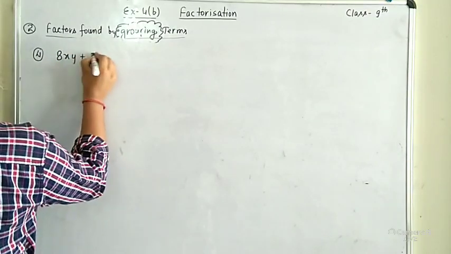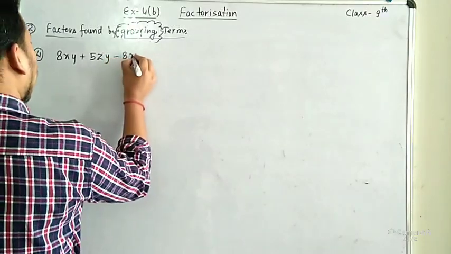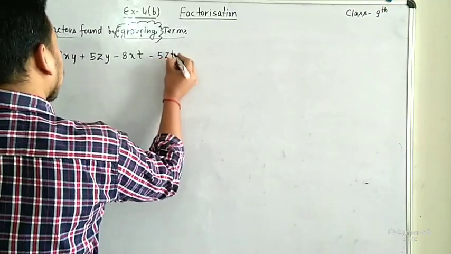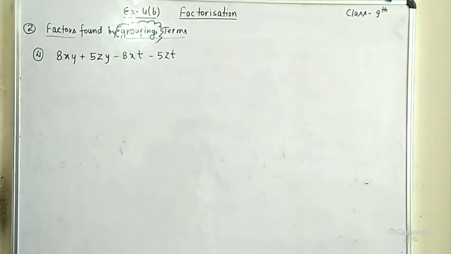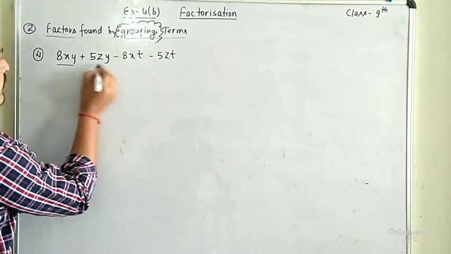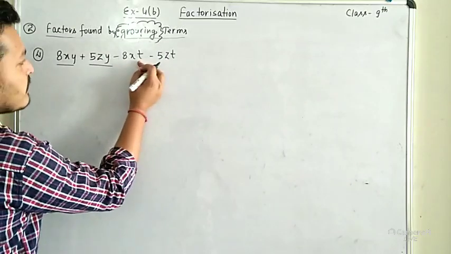8xy plus 5zy minus 8xt minus 5zt. Check what is common here. In the first two terms y is common, and in the last two terms t is common.